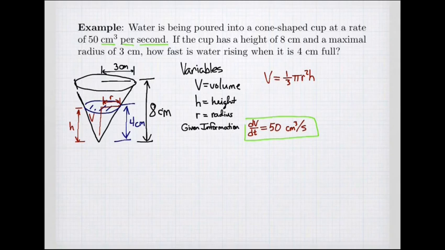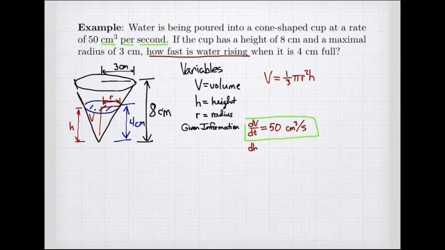As we continue to read the problem, we find the information about our cup itself. We've already written that down. And we see how fast is the water rising, and we ask ourselves what kind of question is that. And that represents a measurement of a rate of change of height. And so that's the question that's unknown.